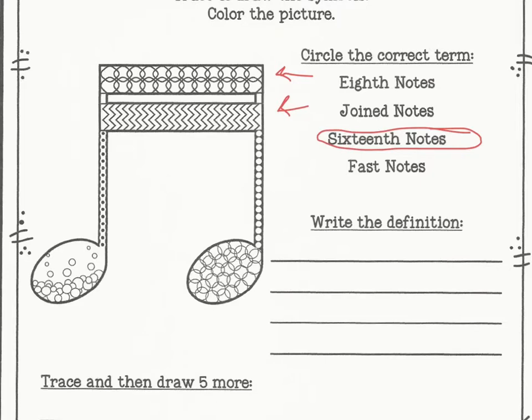I'm going to show you what you will get when we're counting music, so you know how to count it with that. But for our definition, 16th notes get 1 beat or counts.